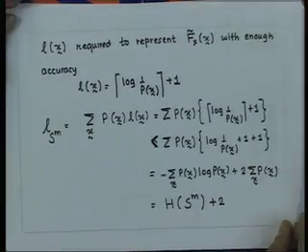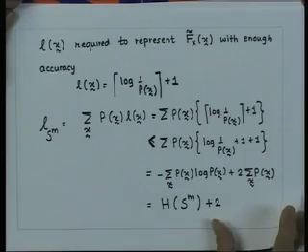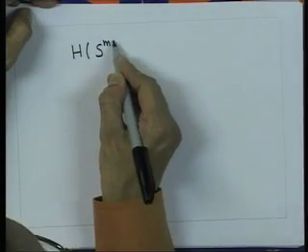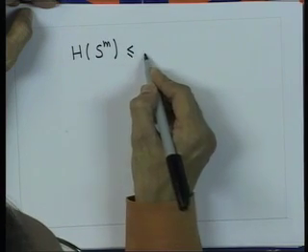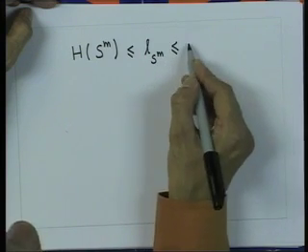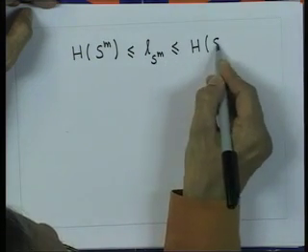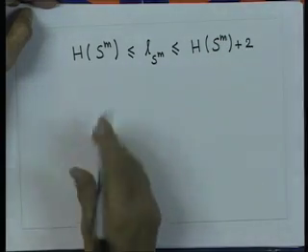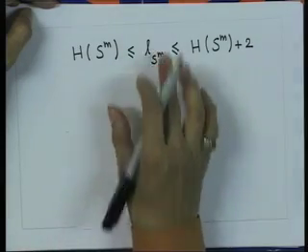So, now given that the average length of a code is always greater than the entropy, the bounds on L, the average length of the mth extension, will be as follows. So, this is the length we get for the mth extension.